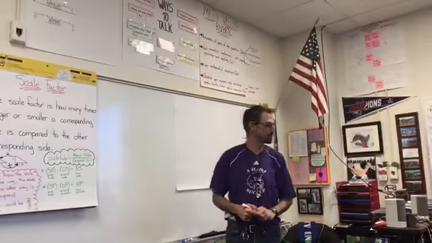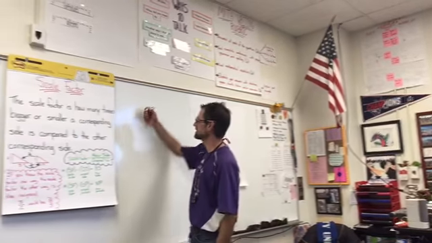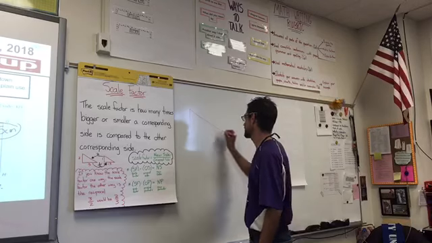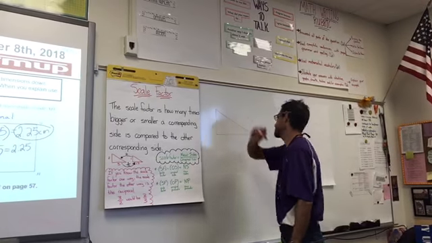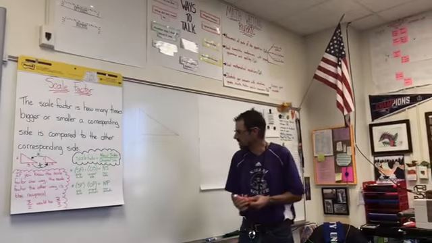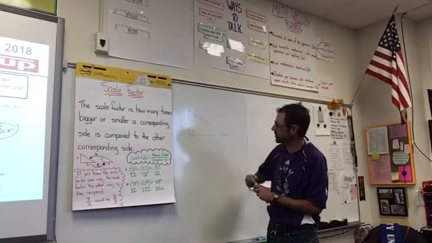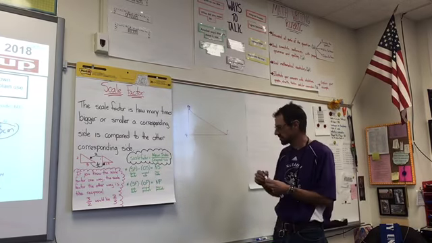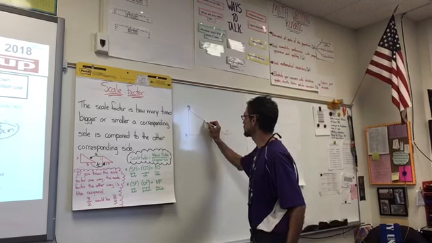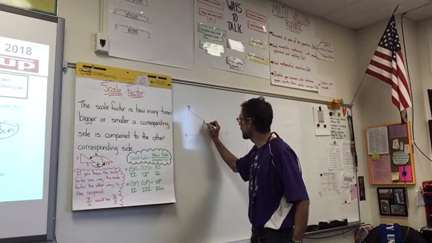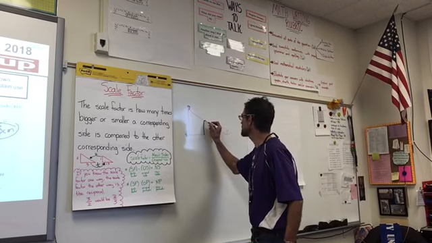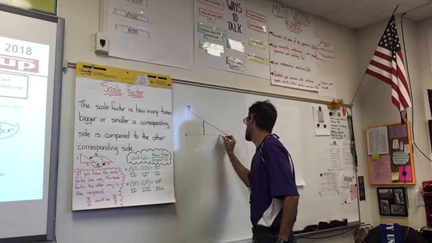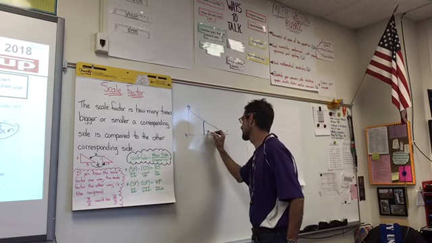All right, I'm going to move on. Nested means it is inside of a triangle, and it shares a common angle. So let's say that's one big triangle, and we're going to call this ABC. And then this would be a nested triangle inside.